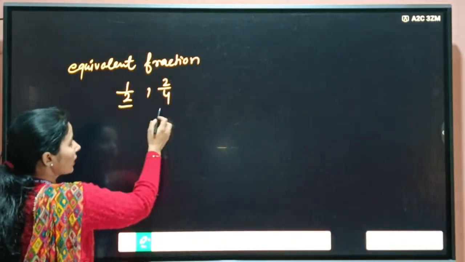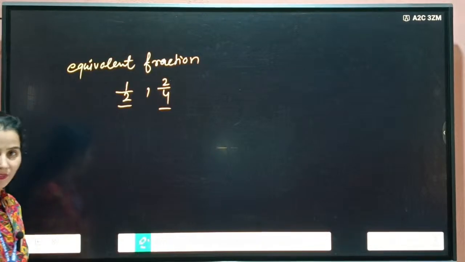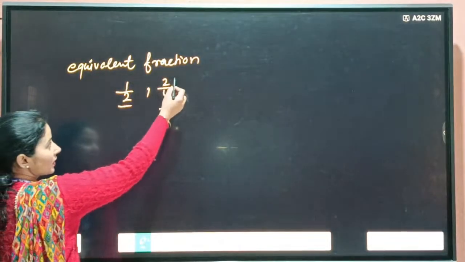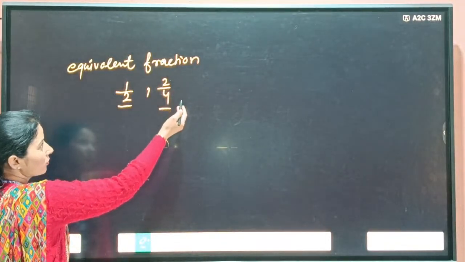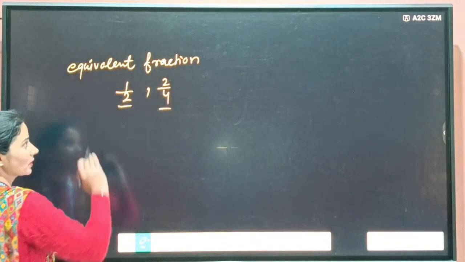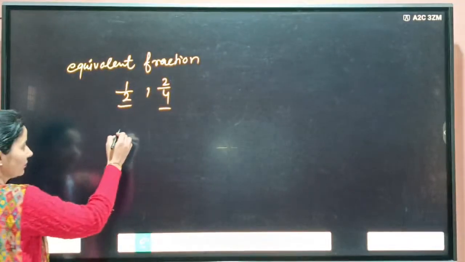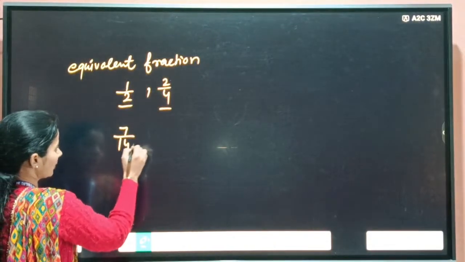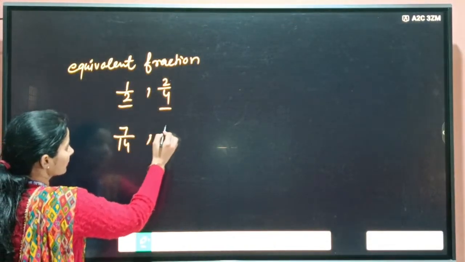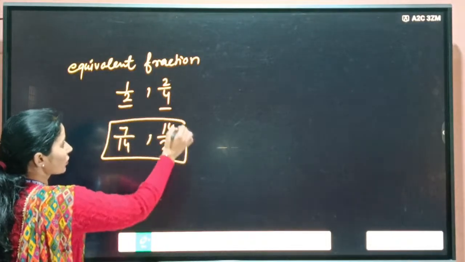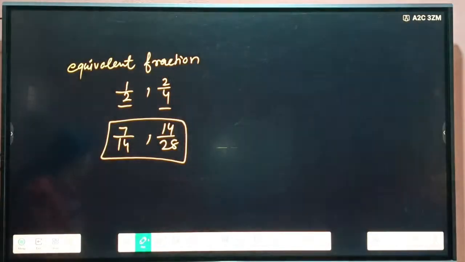These 1 by 2 and 2 by 4 are equivalent fractions, because if you represent them in their smallest, simplest form, they represent the same rational number, or same fraction, 1 by 2. Like 7 by 14 and 14 by 28. These two fractions are also equivalent fractions.